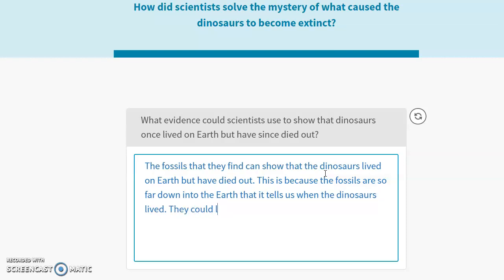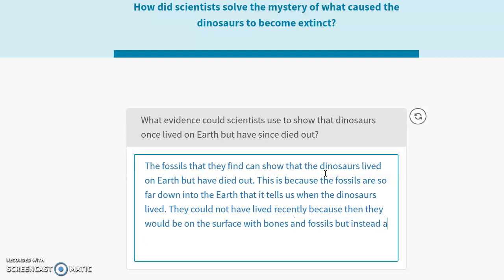They could not have lived recently because then they would be on the surface with bones and fossils, but instead they are far down in the dirt.